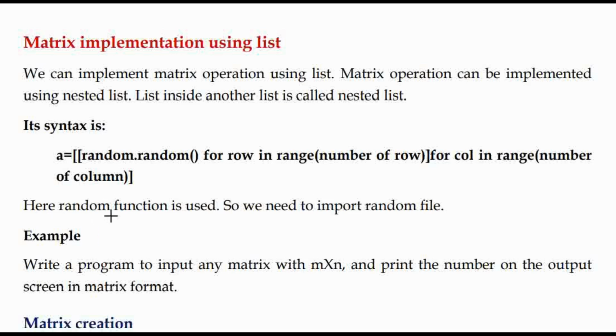Here a random function is used, so we need to import the random module. Example: write a program to input any matrix with m x n and print the numbers on the output screen in matrix format.